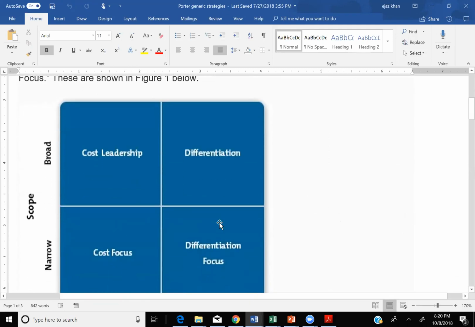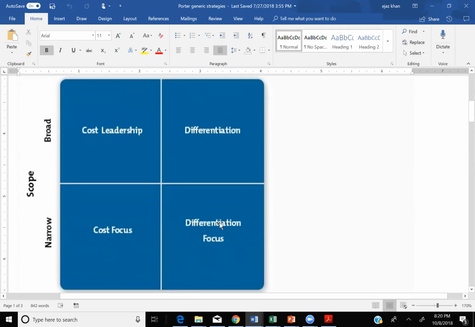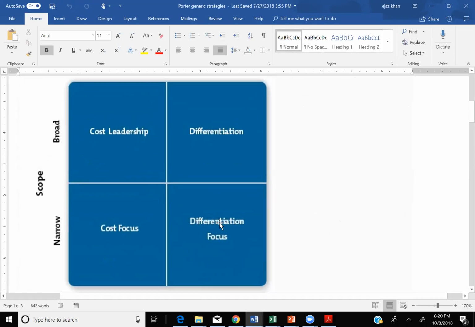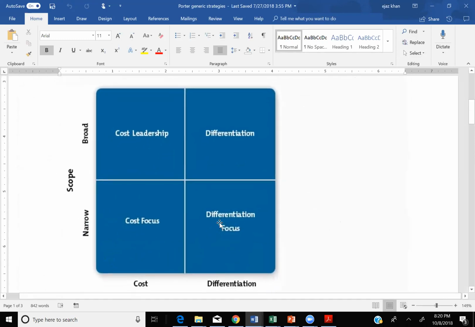Well, let's look at this matrix proposed by Porter.